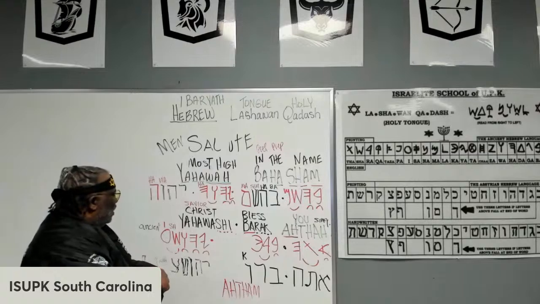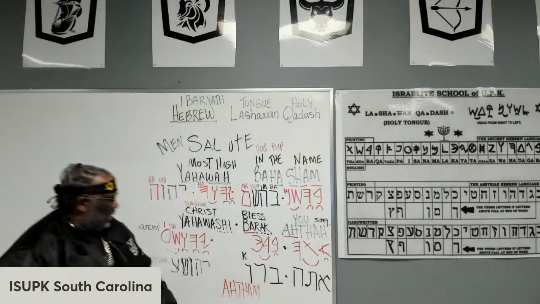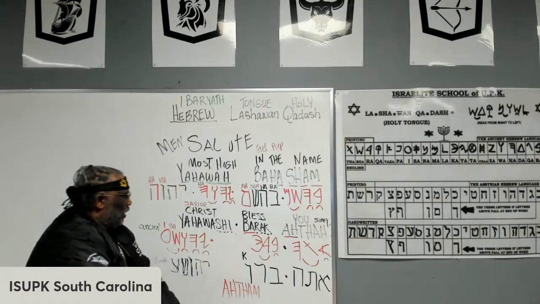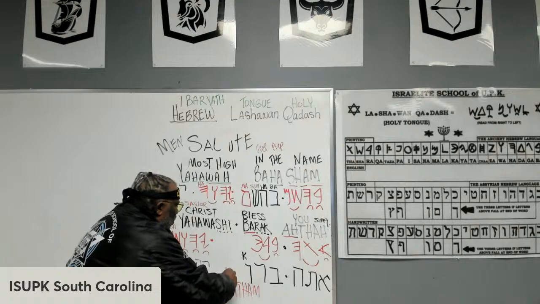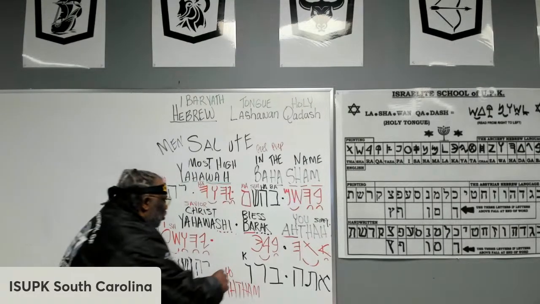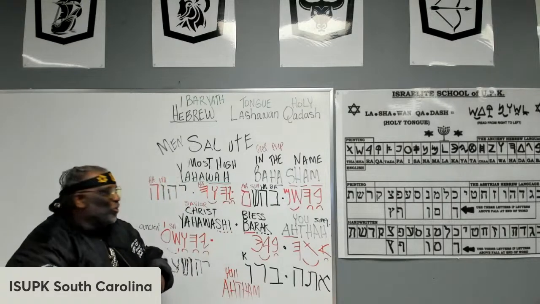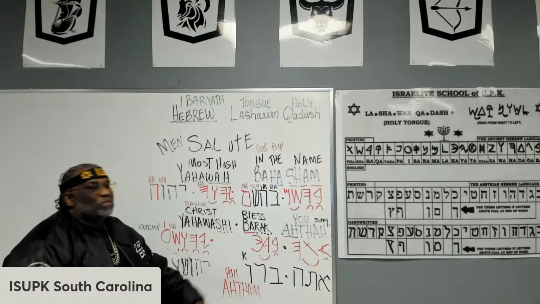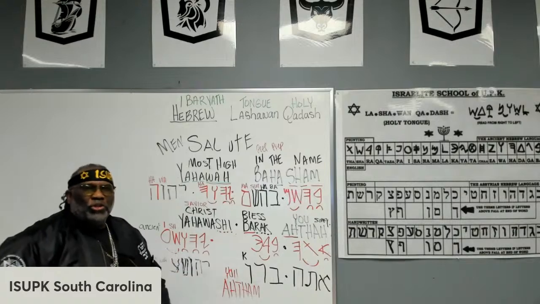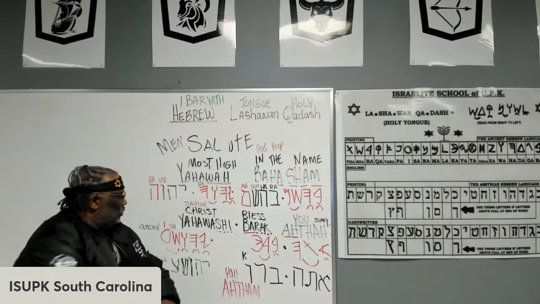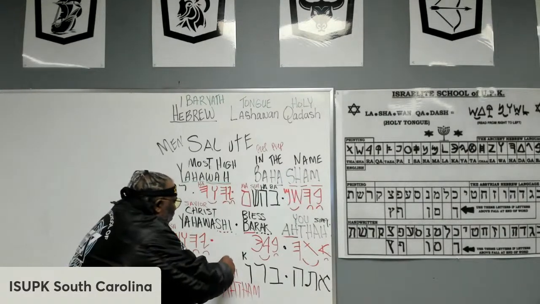Atem. That's the plural. When you say, we'll put it over here. You is, instead of saying you, we're gonna say y'all. We'll use a country word like that. It's many of yous or y'all or plural. Put it down as plural.